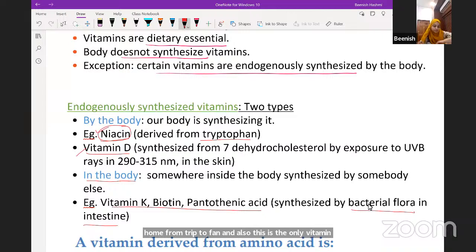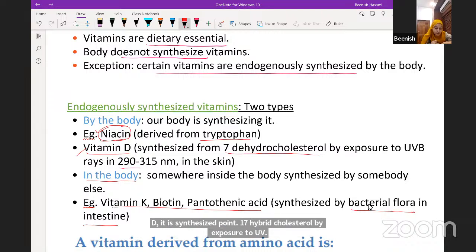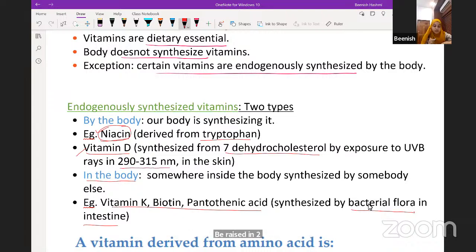Now, your vitamin D is synthesized from 7-dehydrocholesterol by exposure to UVB rays in 290 to 315 nanometer in the skin. When we'll be talking about vitamin D in our next class, we'll see the synthesis of vitamin D in detail. So these were the examples of endogenously synthesized vitamins in our body.